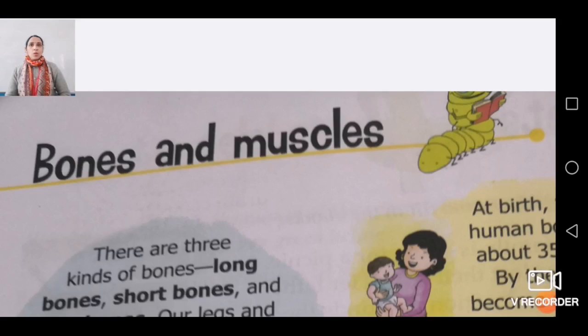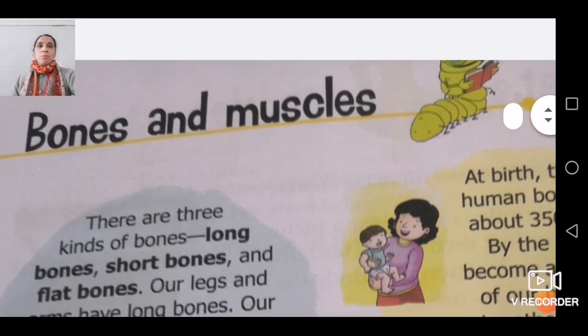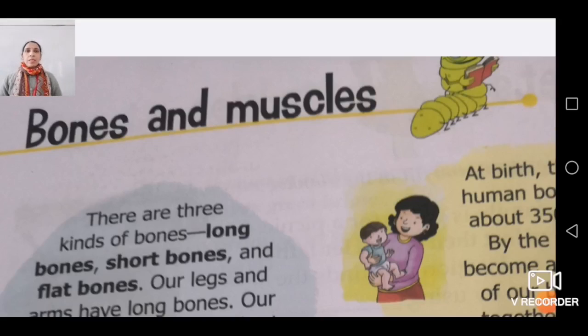Children, as you all are aware, we were doing revision of our GK book, and in that row, today we are going to do revision of bones and muscles. Our body is made up of these two things: bones and muscles.